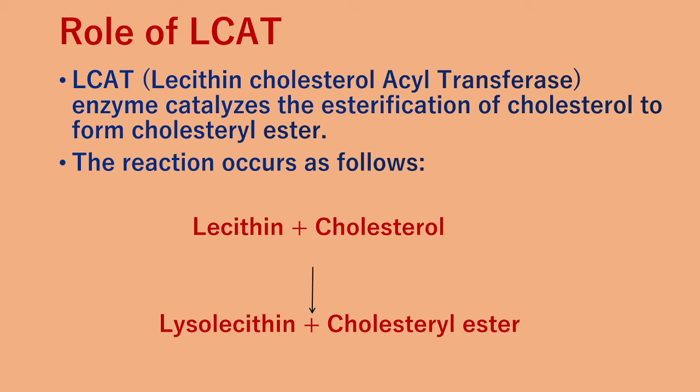So the role of this LCAT is that it is an enzyme which catalyzes the esterification of cholesterol to form cholesterol ester. When cholesterol reacts with lecithin, it forms lysolecithin and cholesterol ester with the help of the enzyme lecithin cholesterol acyl transferase. So with the help of this LCAT only, HDL removes the free cholesterol from the extrahepatic tissues, and it will transport it to the liver where it gets catabolized. That's why HDL is called a good cholesterol.